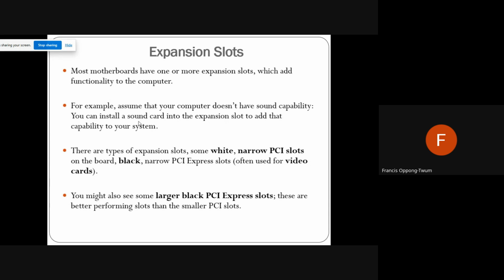It depends, and there are types of expansion slots. Sometimes it can be white. Mostly it's white, and it has some narrow or PCI slot on the board. Sometimes it can be black, or narrow, or PCI Express slot. You might also see some large ones.